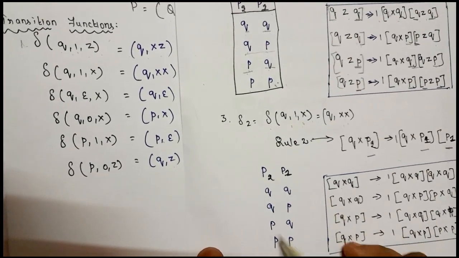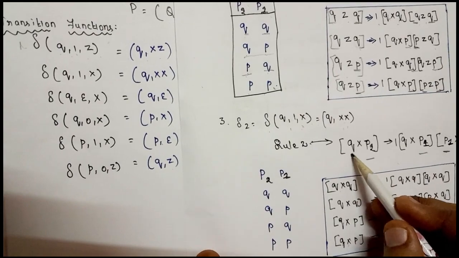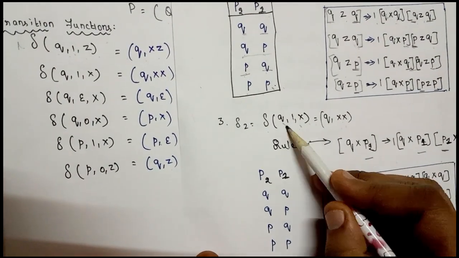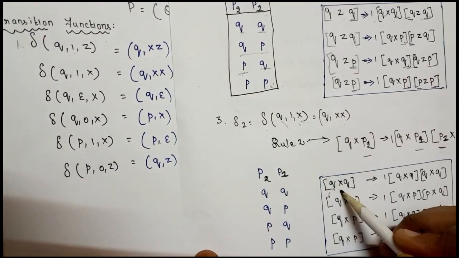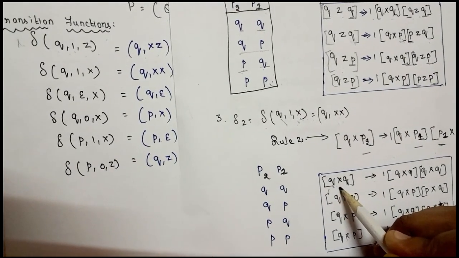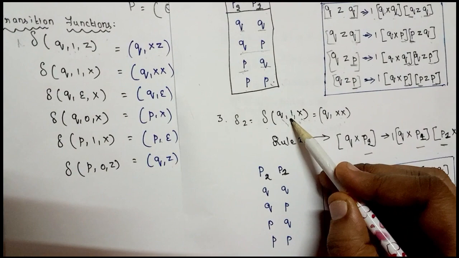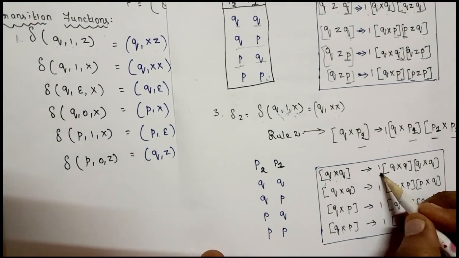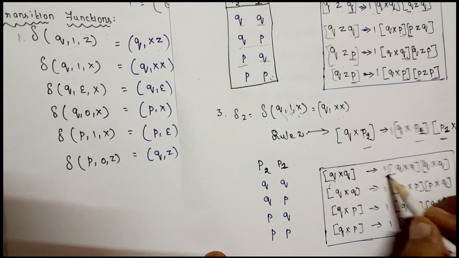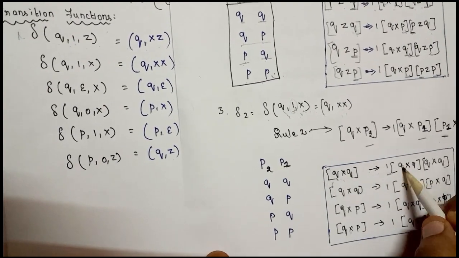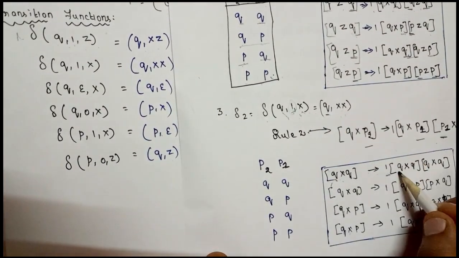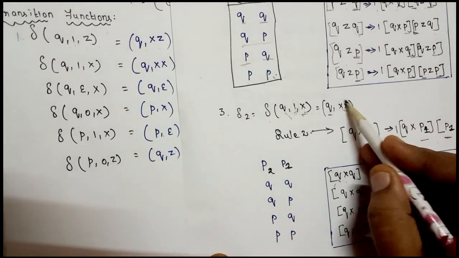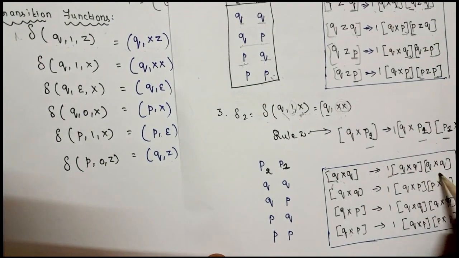The same combinations of P2, P1 should be taken, and this QX, the Q is taken from this initial state and this X is taken from the topmost stack symbol, and the input symbol which is to be processed should be taken here in the leftmost terminal of the body of the production, and here we have to take this Q state, and the stack symbols are X and X, right?